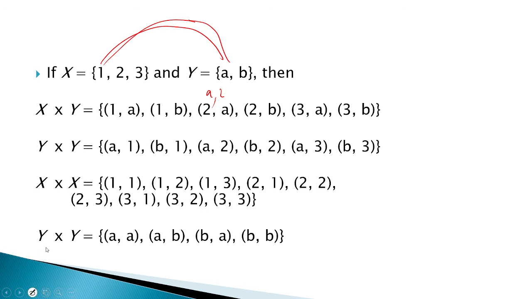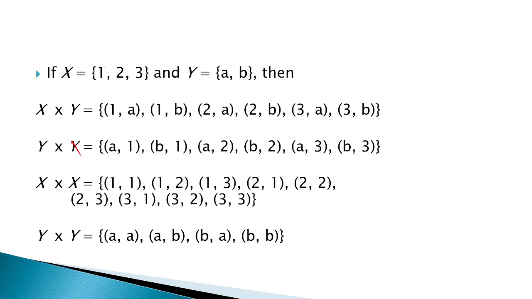Because, ano tayo dito? Ordered pair tayo. Next, we have Y cross X. Ayan, Y cross X. So, that's a muna, Y muna yung mauna sa ordered pair natin. So, mahalaga yung sequence talaga. So, that's (a, 1), (a, 2), (a, 3), and then (b, 1), (b, 2), (b, 3). Next, X cross X. So, X, Cartesian product with itself.